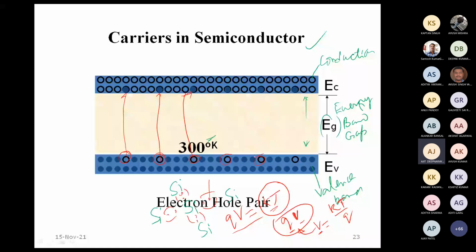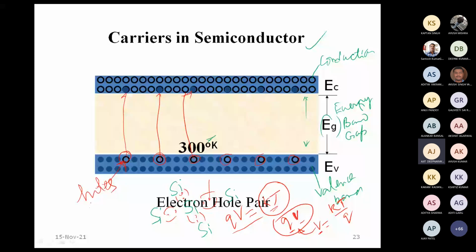These vacant places are trying to accept electrons, and they are nothing but what we call holes, because of their tendency to accept electrons.